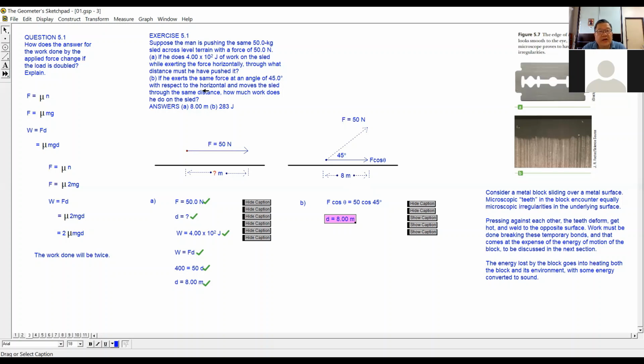Why is it the same? They told us it's the same. If we exert the same force but at an angle of 45 degrees with respect to the horizontal and move the sled through the same distance. So the same distance means 8 meters, same as the earlier case. So we have here 8 meters, right?